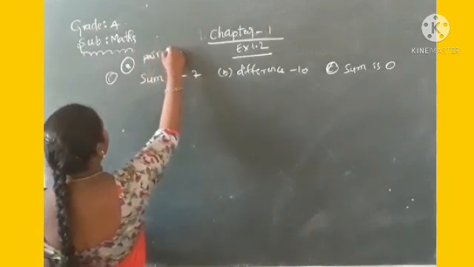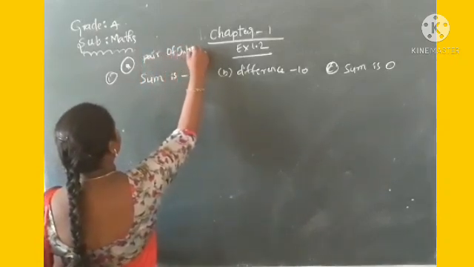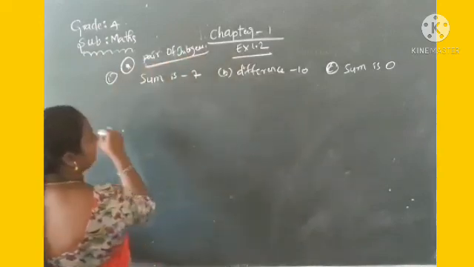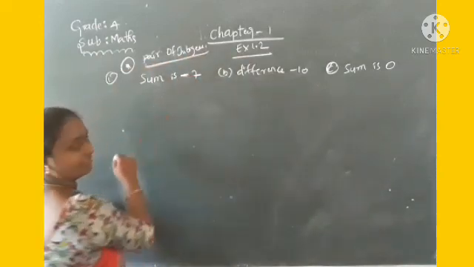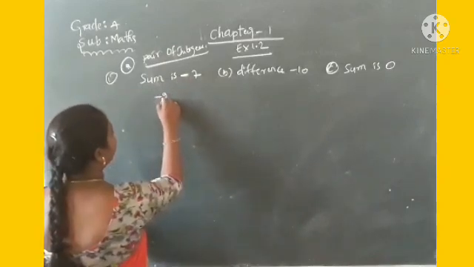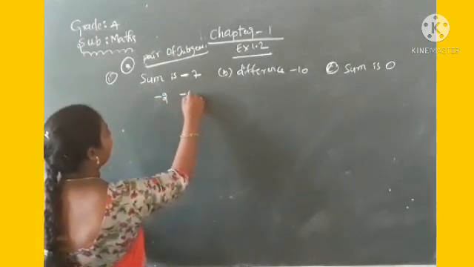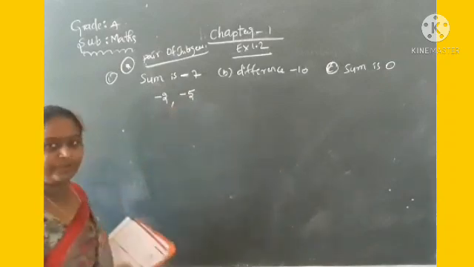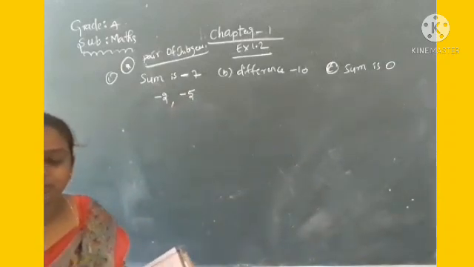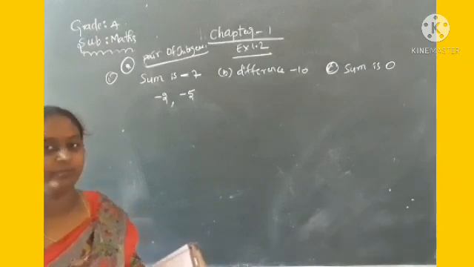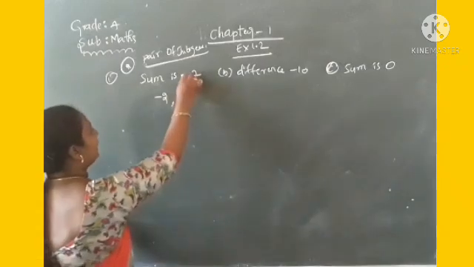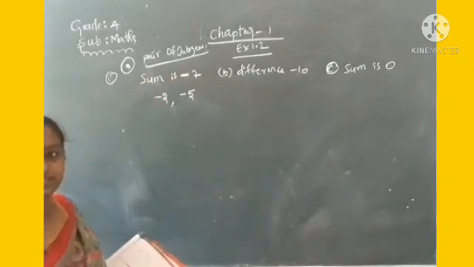How to show the sum is minus 7? Sum means addition. So now I am taking here minus 2 and minus 5. 2 plus 5 is equal to 7. 4 plus 3 is also equal to 7. But here you have to show the sum as a negative integer.